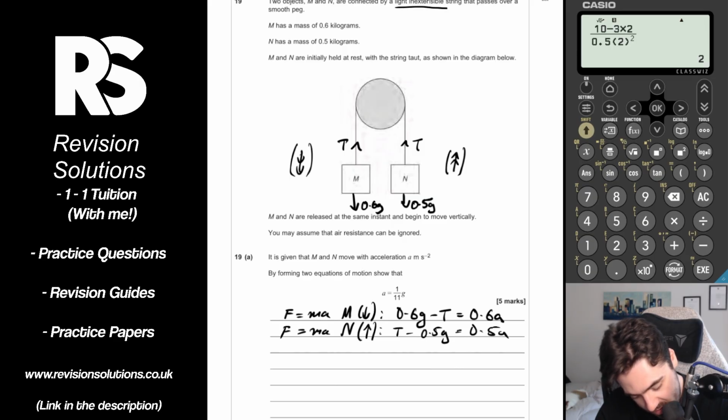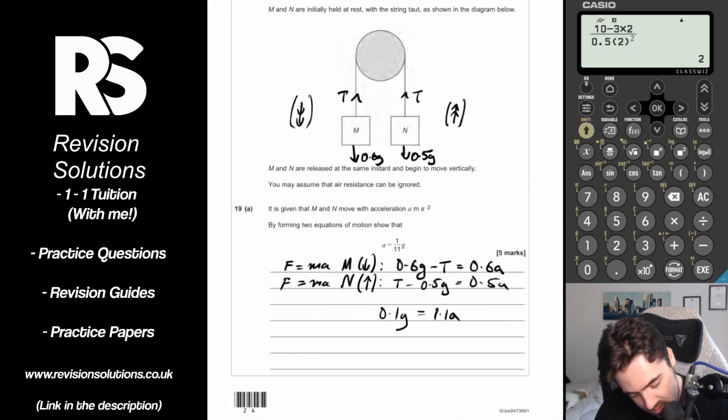Because if we're adding, it's going to become a minus. So yeah, it will be 0.1g on the left equals 1.1a on the right. Just to fully clarify, it's because if we add these two equations, this is going to be 0.6 plus minus 0.5 g.